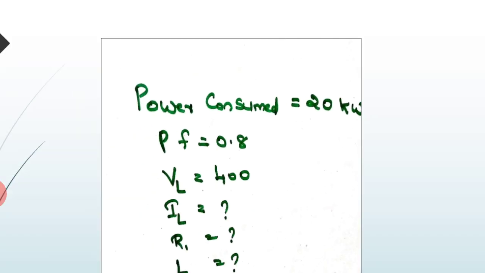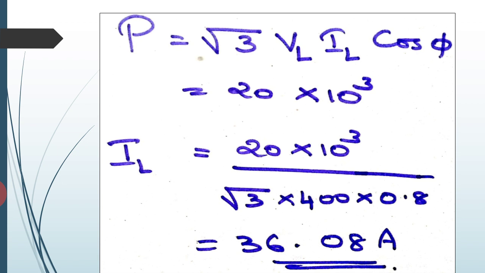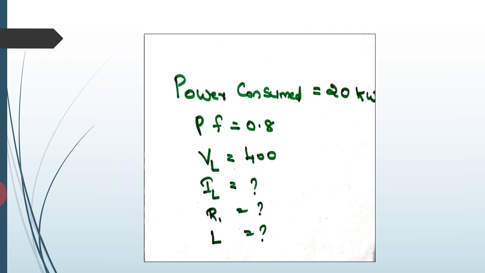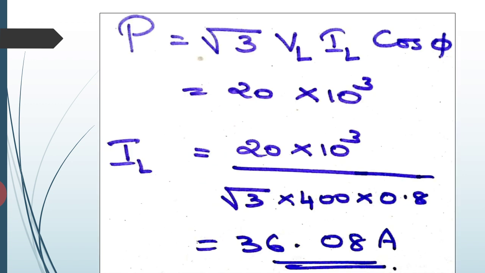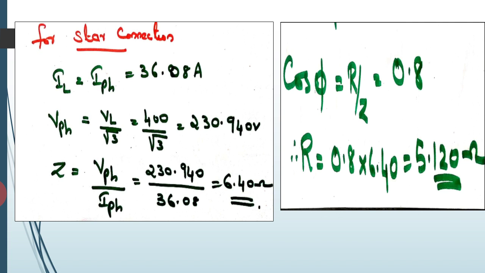So we know that power consumed is given by the equation root 3 VL IL cos phi. So root 3, VL is given, cos phi is given. By using that data, IL can be found out. IL is obtained as 36.08 ampere. Then once we obtained I line, for star connection we know that I line equal to I phase.